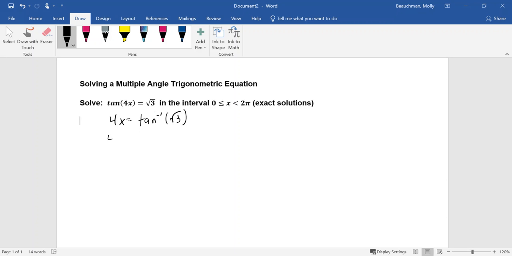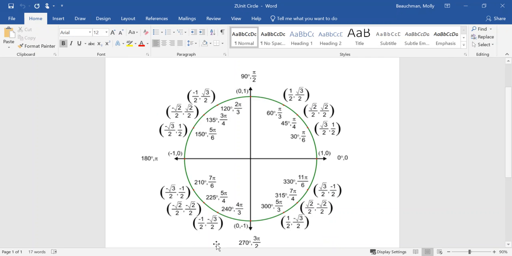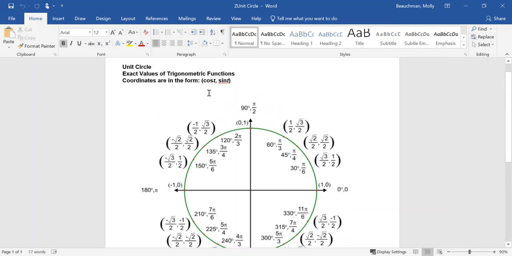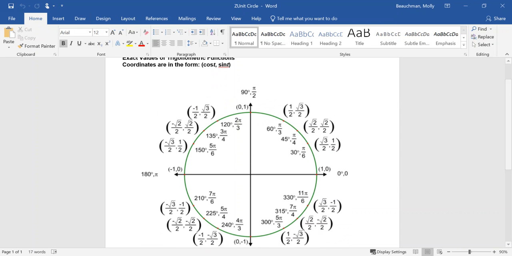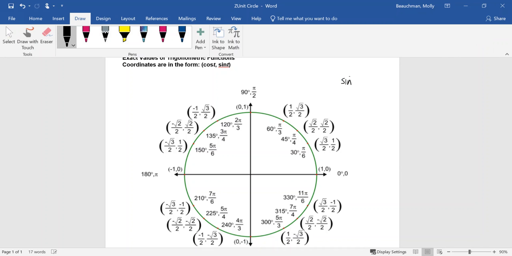I've got to find on the unit circle where the tangent is the square root of 3, and that will be my angle. Taking a look at the unit circle, notice that tangent is sine divided by cosine. So I want the places where the sine divided by the cosine is equal to the square root of 3. Sine divided by cosine would be y-coordinate divided by x.